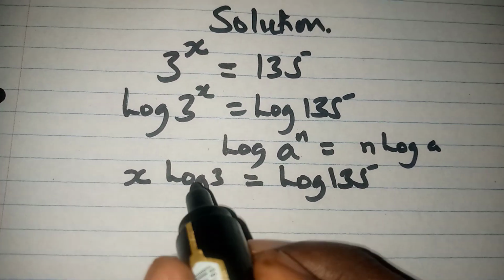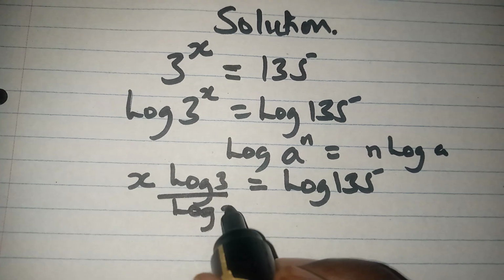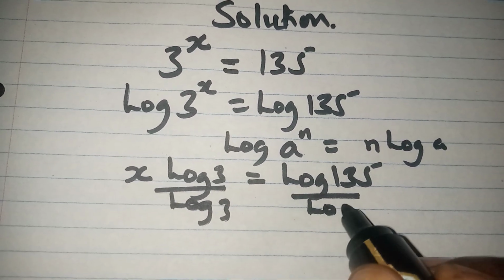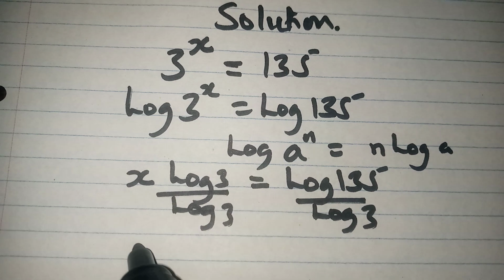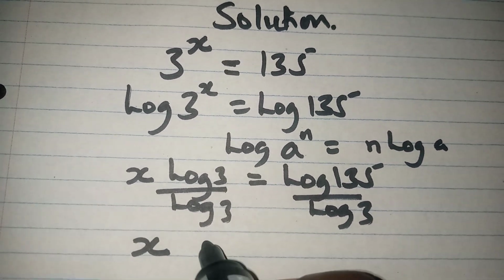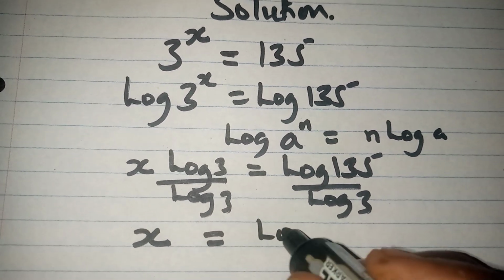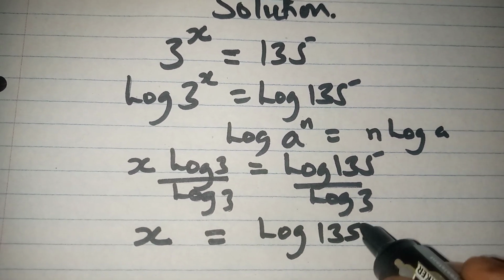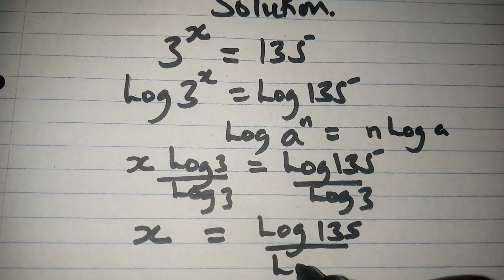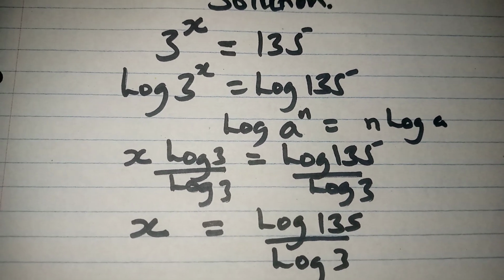At this stage, I'm going to divide all through by log 3, so that I remain with x, since the log of 3 divided by the log of 3 is 1. So I'm going to get log 135 divided by log 3.